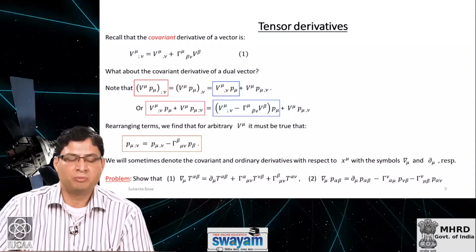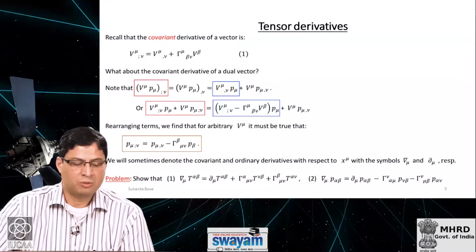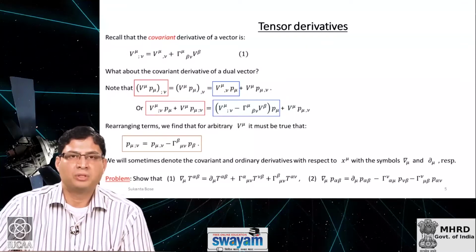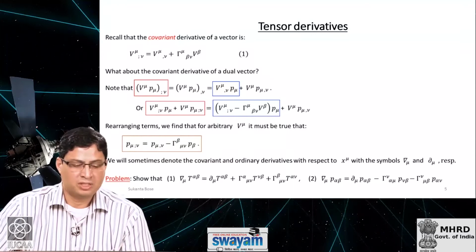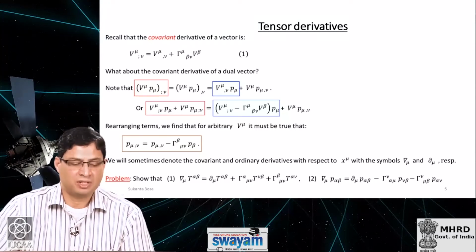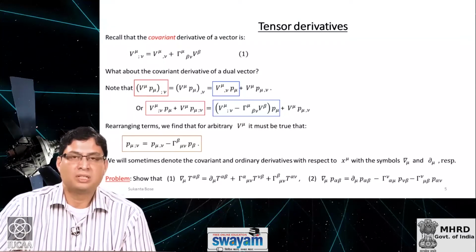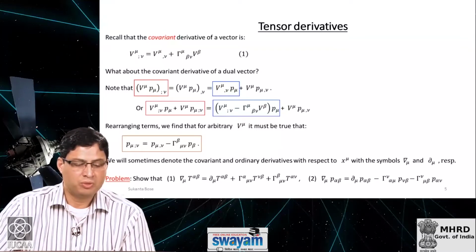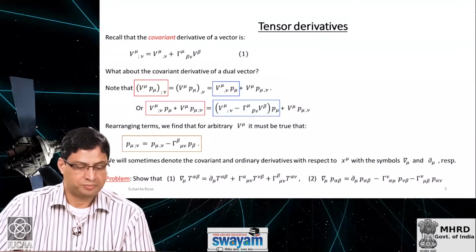So, for an arbitrary v mu, it must be true that the covariant derivative of the dual vector components are expanded like this. So, there are a couple of changes here. First, the Christoffel symbol piece has picked up a negative sign. You should compare this with equation 1, right? And the second is that mu is now a lower index because it defines components of a dual vector.